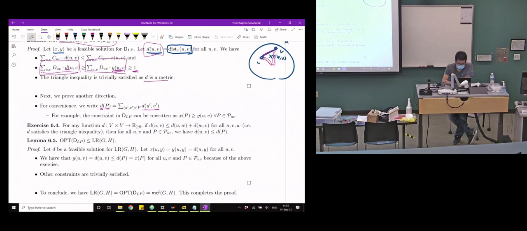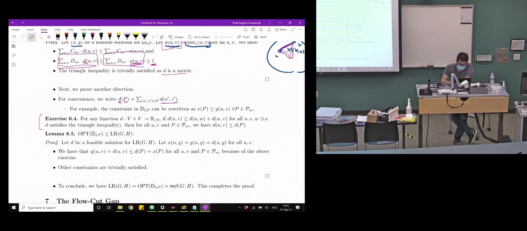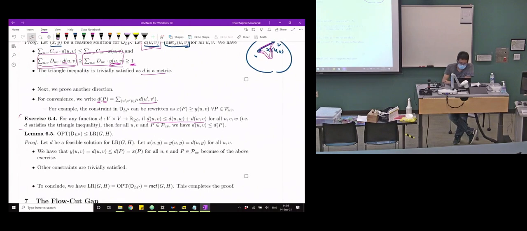Now there is an easy exercise first, which says that if you have a function that satisfies the triangle inequality, like a metric, then for any pair of nodes UV and any path from U to V, the distance D of UV is at most the total length of the path.